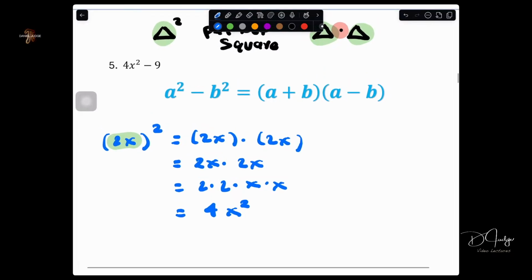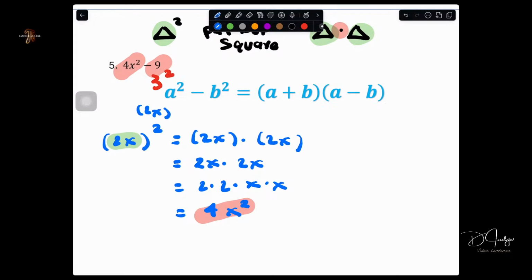So how that works for us is to notice that, again, 4x squared is a perfect square. 9 is a perfect square because we write that as 3 squared. So now, if I look at it this way, 2x squared minus 3 squared, well, my a term is 2x.